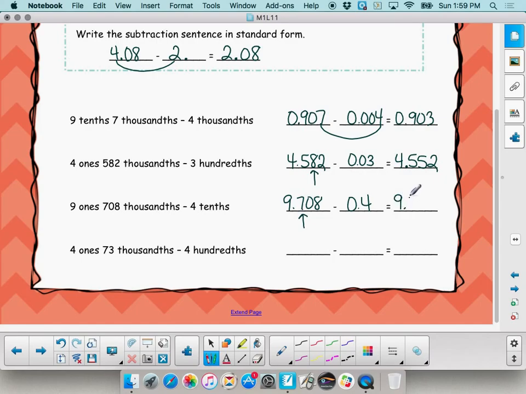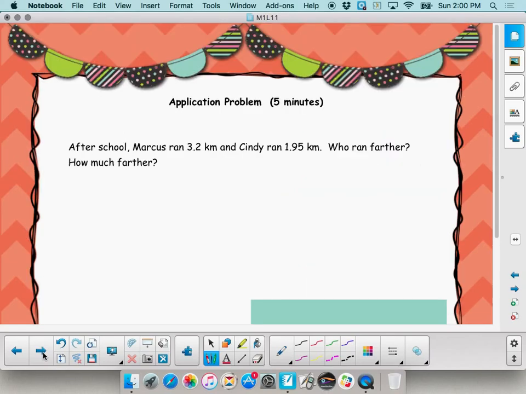So it will be 9.308. 4 ones and 73 thousandths minus 4 hundredths. So we will subtract a 4 from the hundredths place. 7 minus 4 is 3. So it will be 4.033.